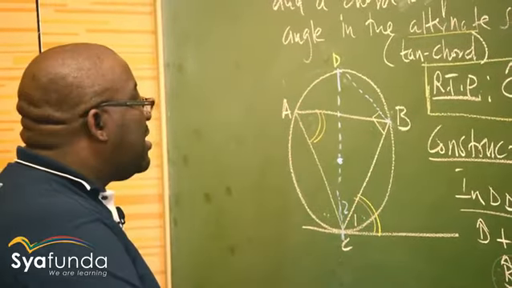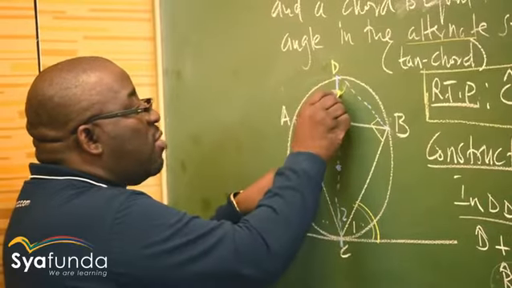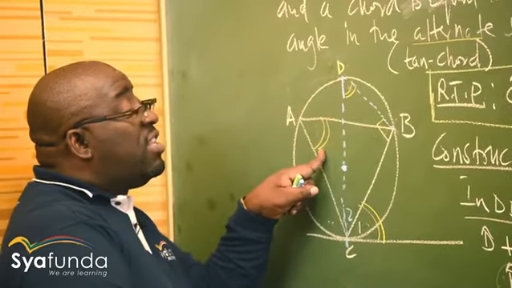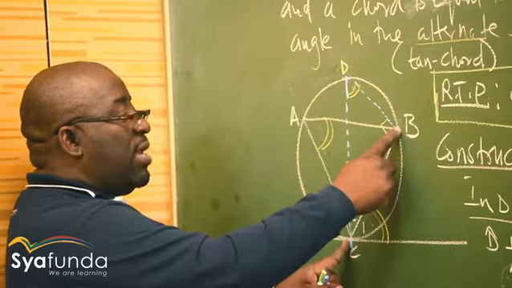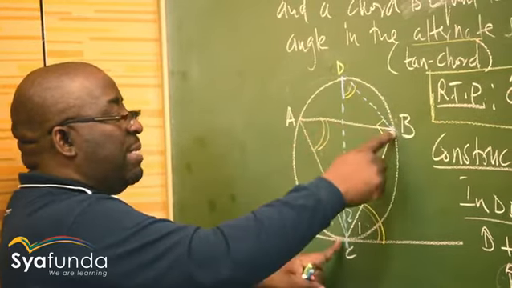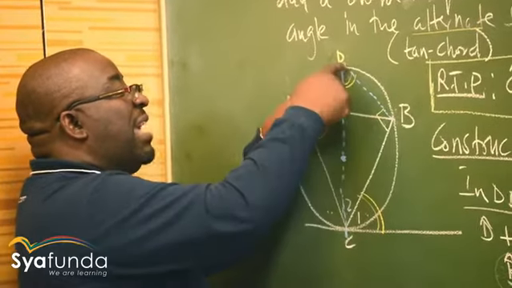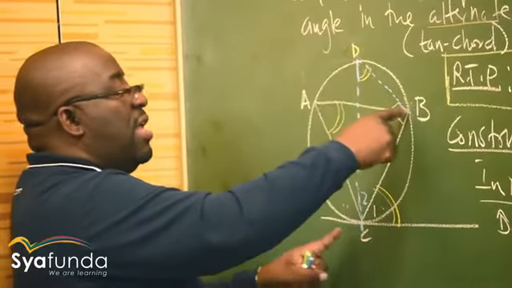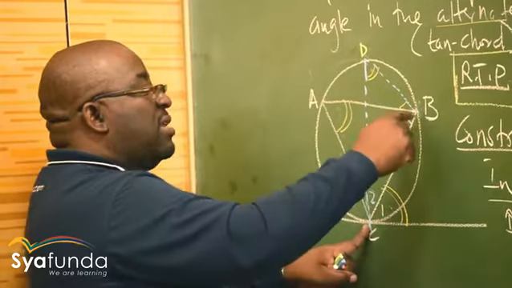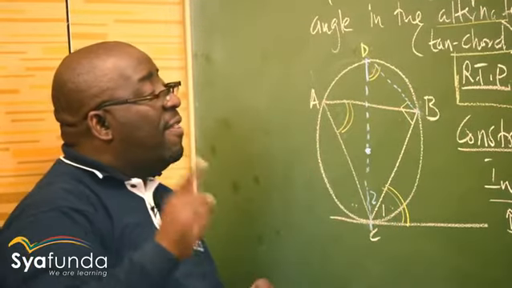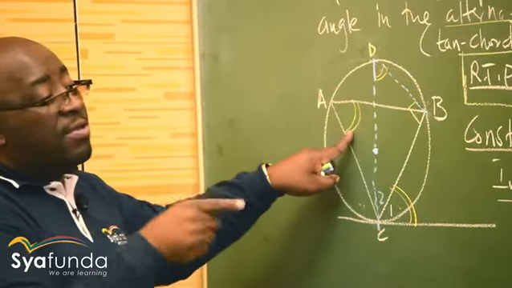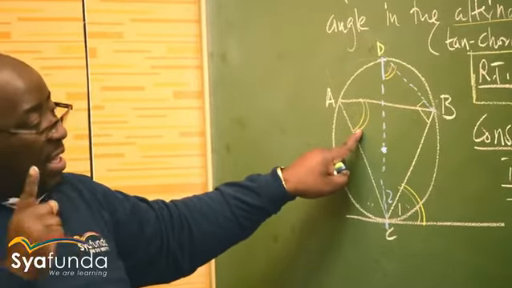If I've indicated this angle with two yellow lines, there's nothing stopping me from indicating this one with two yellow lines. This chord CB subtends angle D at the circumference, and the same chord or arc subtends angle A at the circumference. Therefore, these two angles are equal. I'm using the theorem of angles in the same segment. Let's write this down.